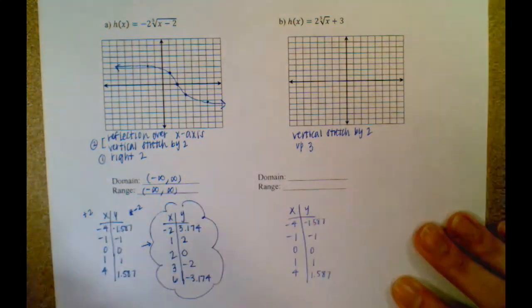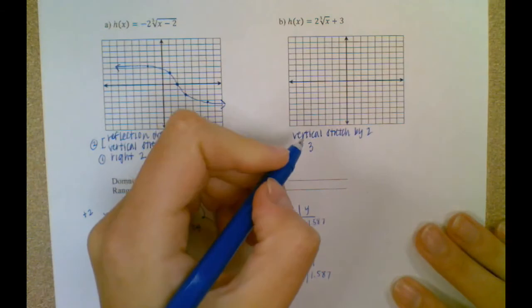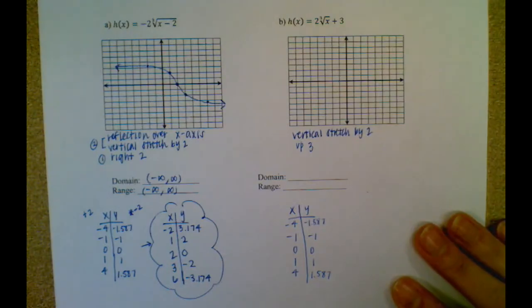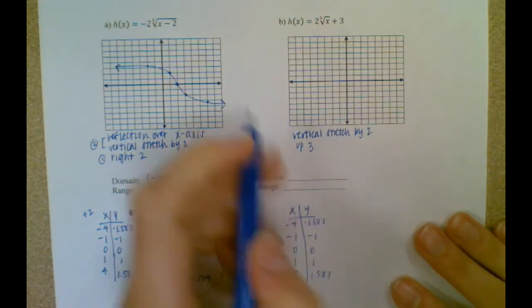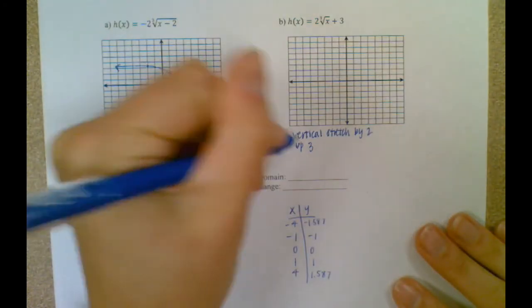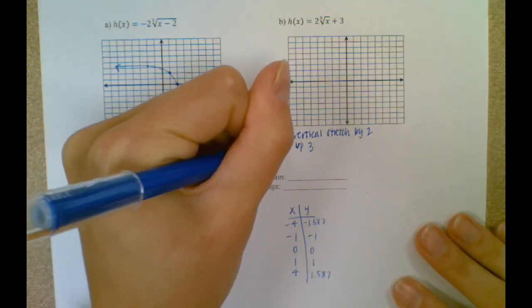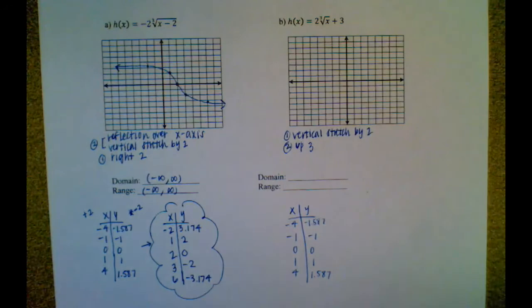Okay, these both are going to affect our y values. The vertical stretch, we multiply our y values by that, and then up 3, we add 3 to the y values. But we have to do the vertical stretch first and then do the up by 3, okay? Just because of the order of transformations.